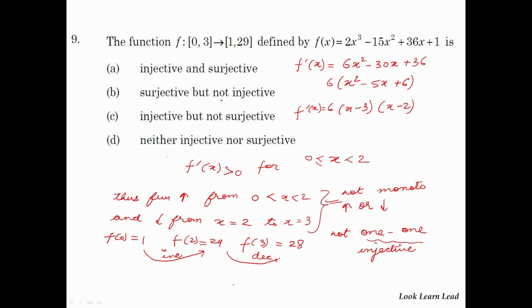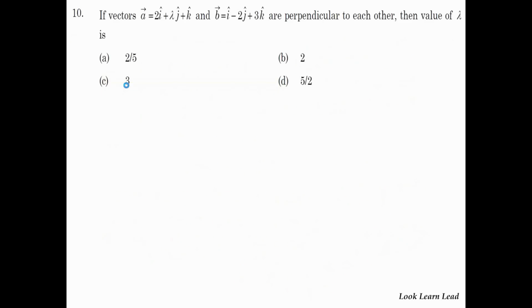That is, it is surjective, that is, onto. It is increasing and decreasing, but not 1-1. So it is surjective but not injective. So our option would be B. Let's move to the next question.